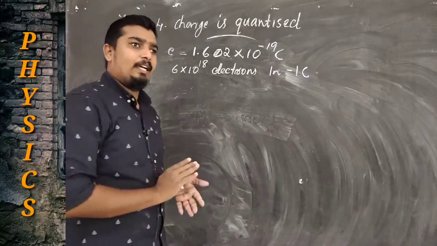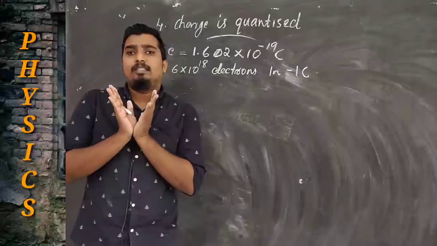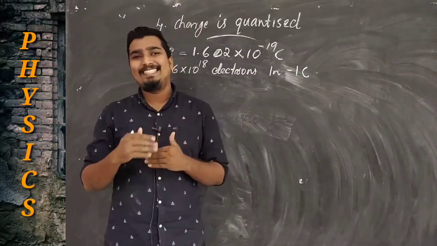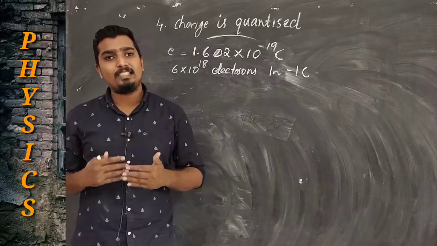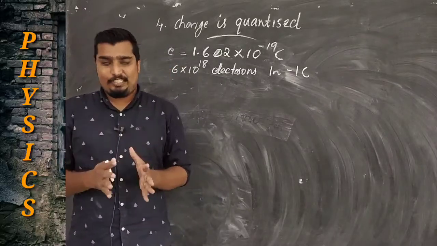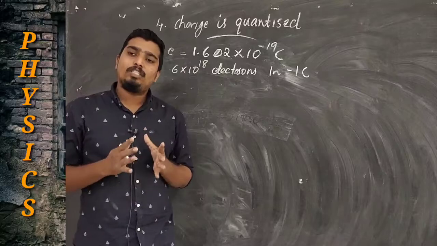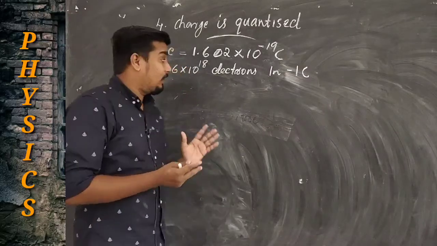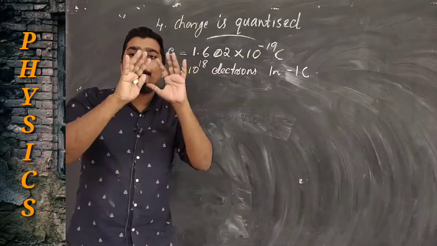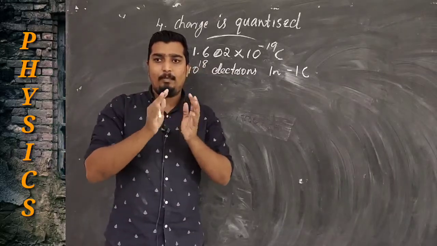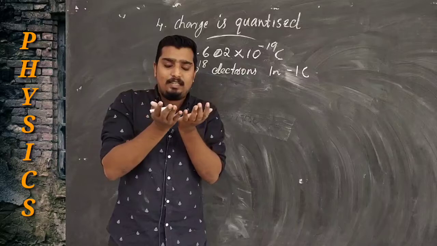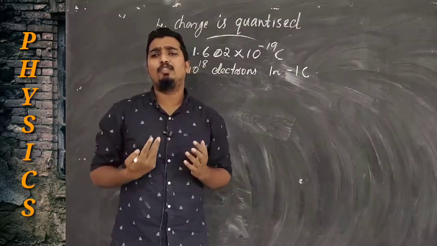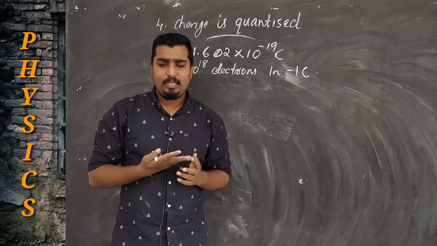Thus the charge exists in discrete packets, and charge is said to be quantized. In a body the charges are like packets.